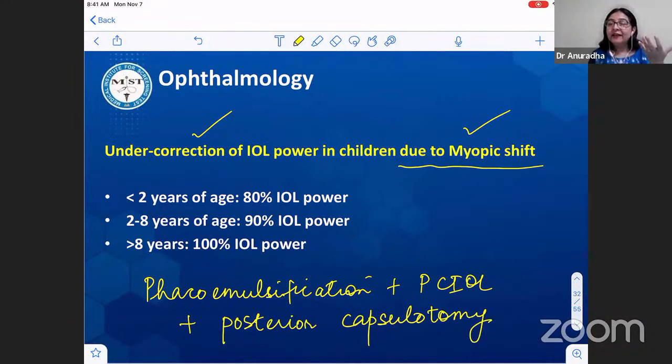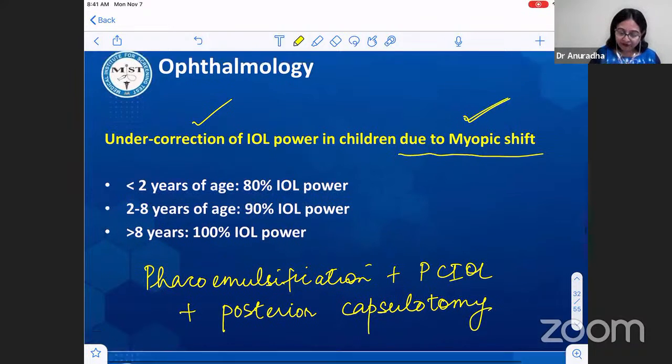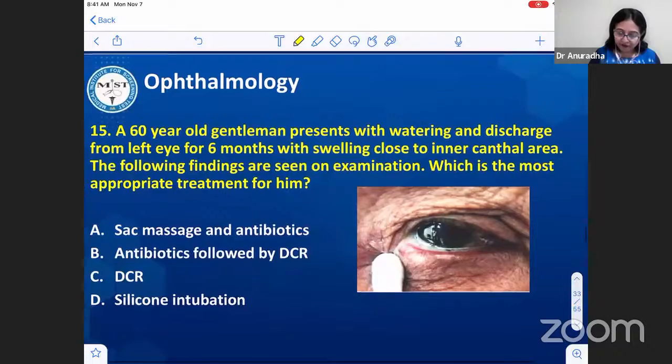Because if there is after cataract, the purpose of the surgery is gone. The child will have blurred vision and amblyopia. So you do the posterior capsulotomy during the surgery itself. Okay, perfect. So myopic shift, do not forget the undercorrection of the lens power for myopic shift.